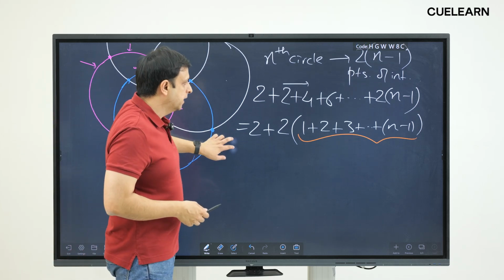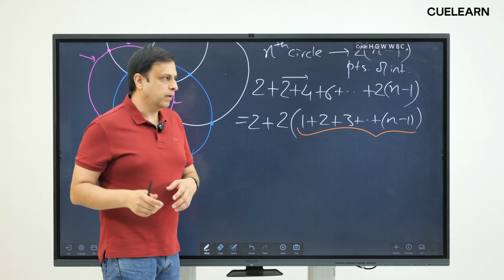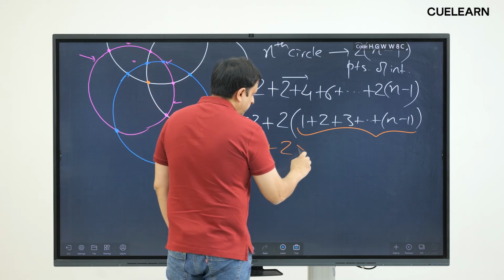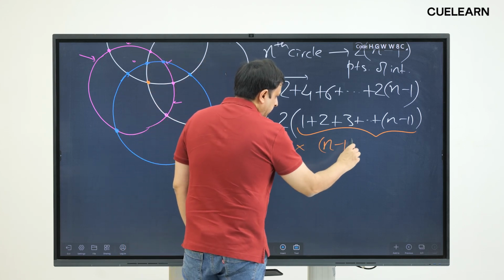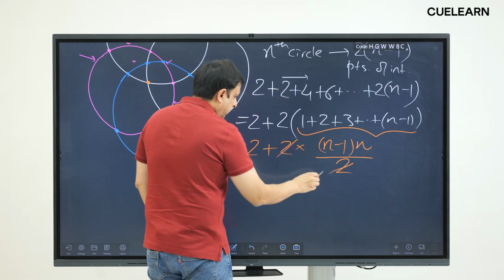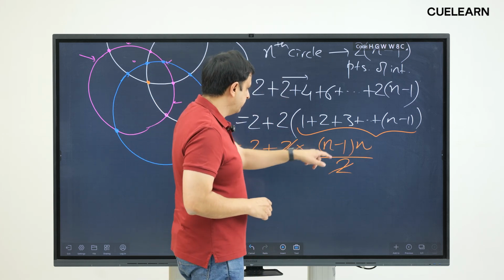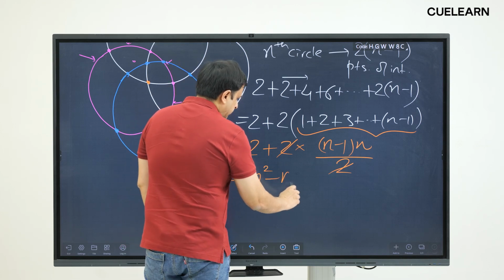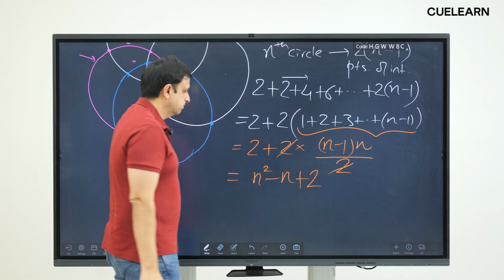So this will be n minus 1 times n by 2. Okay, so we'll get 2 plus 2 into n minus 1 times n by 2. So this 2 cancels out, and I get 2 plus n times n minus 1. So I can finally simplify it to n square minus n plus 2.